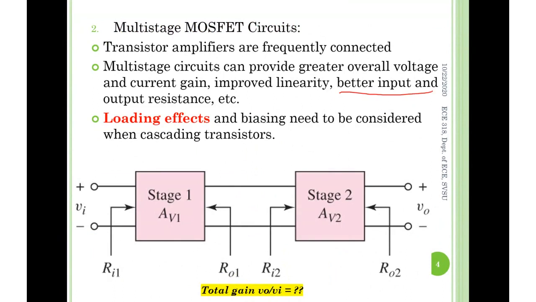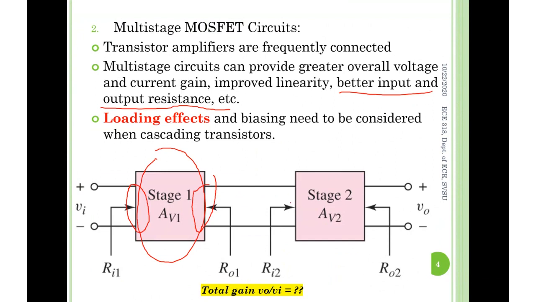Better input and output resistance. This is also a very important benefit of connecting multiple stages. If you only have stage 1 itself, you need to make sure its input impedance is big enough and its output impedance is small enough.